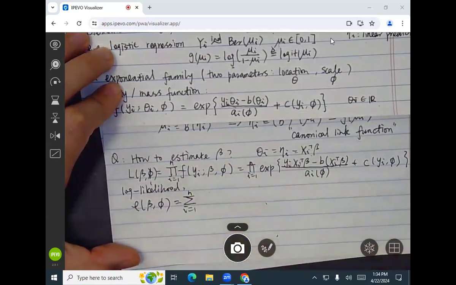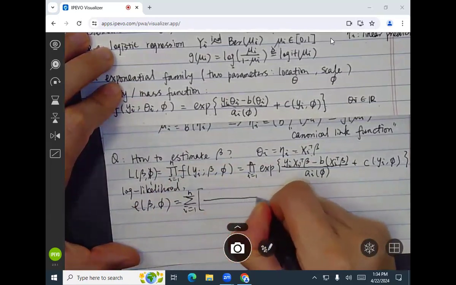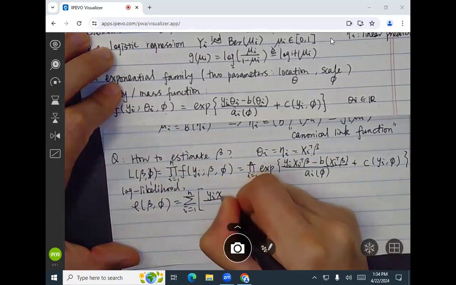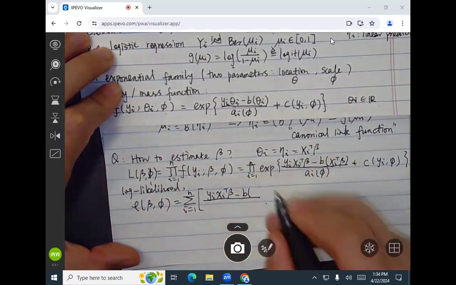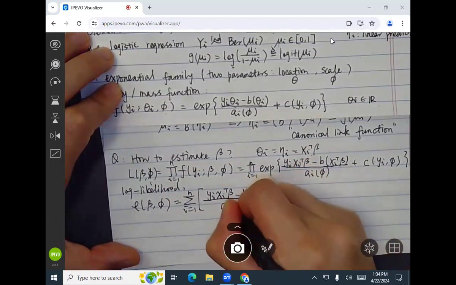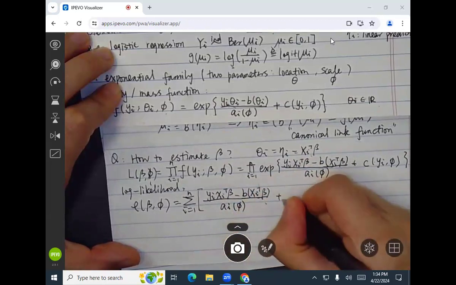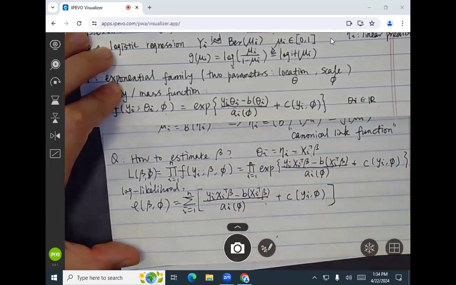Inside the summation, I have two terms: (y_i x_i transpose beta minus b function at x_i transpose beta) over a_i(phi), plus c(y_i, phi). That's it. This is my log likelihood.